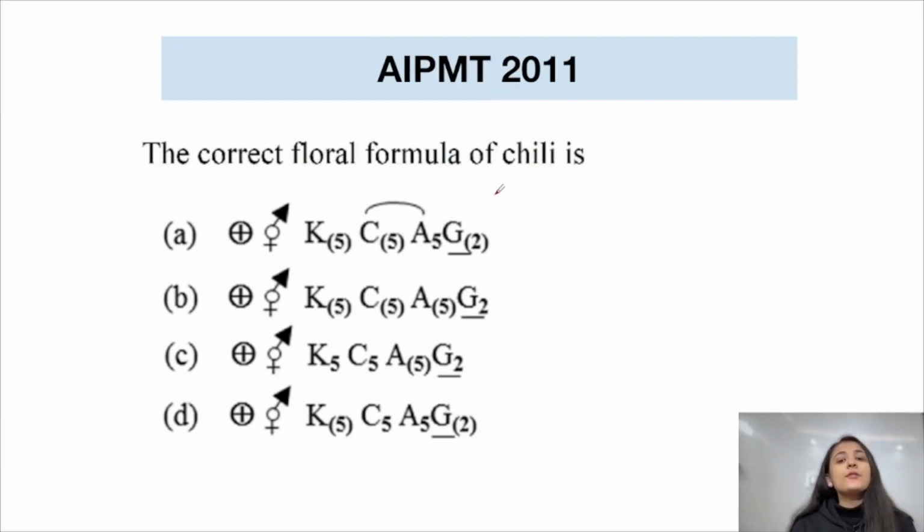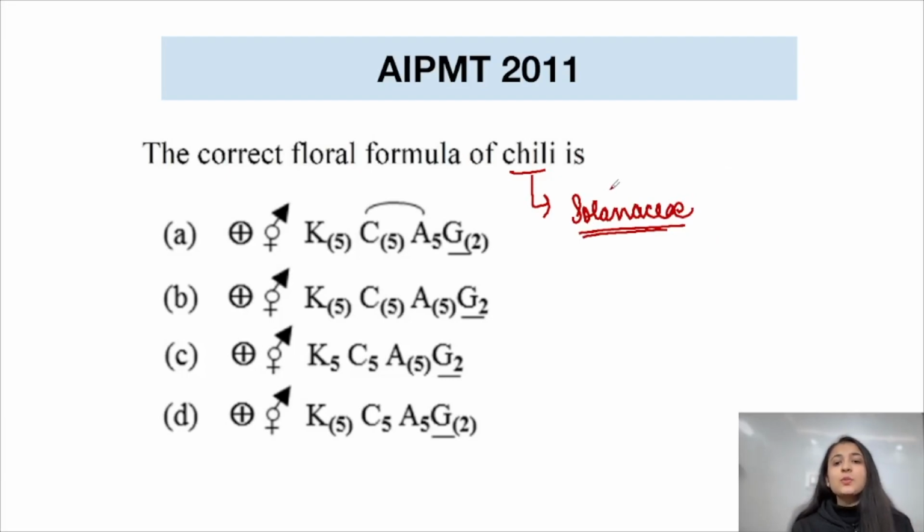The correct floral formula of chili is. Now chili belongs to the family Solanaceae. We have already studied the floral formula of the family Solanaceae, and the floral formula would remain the same across all the members belonging to a particular family.